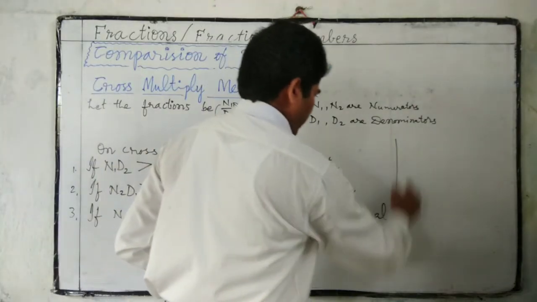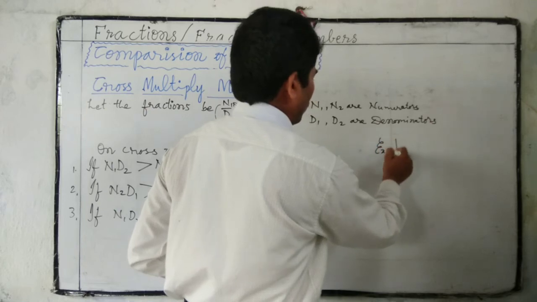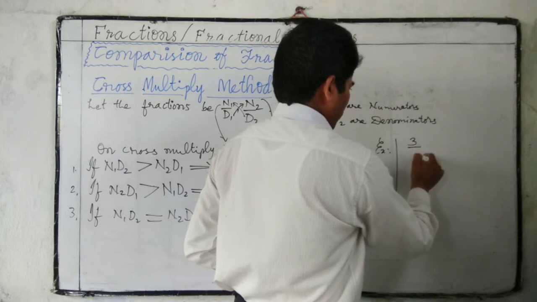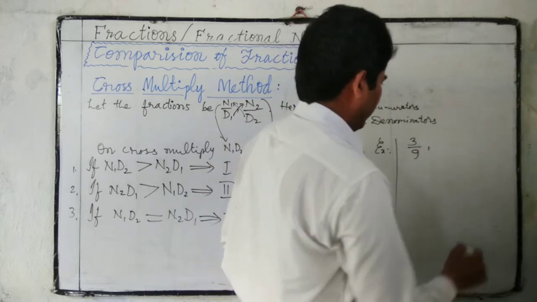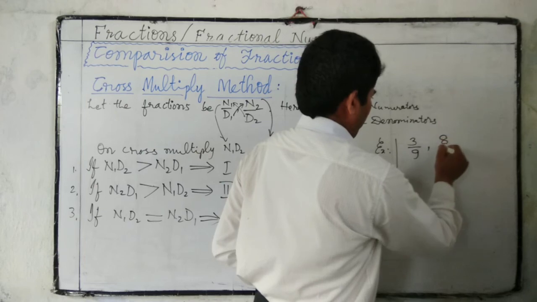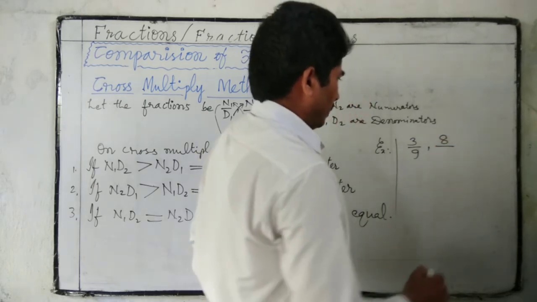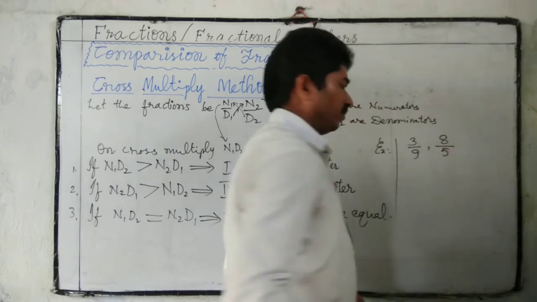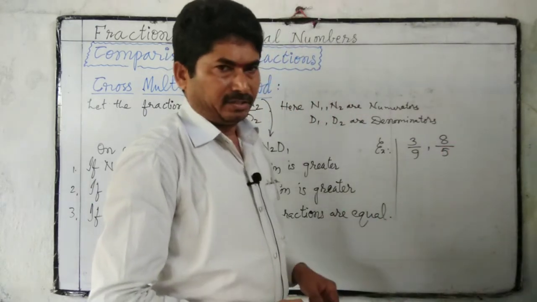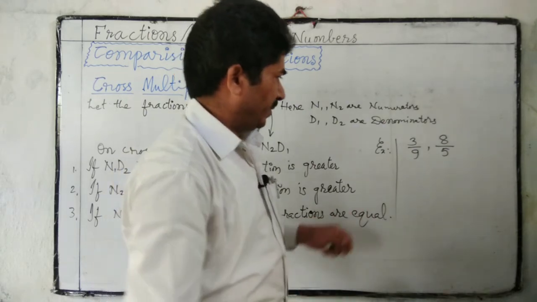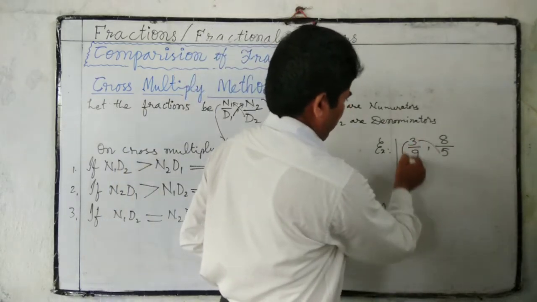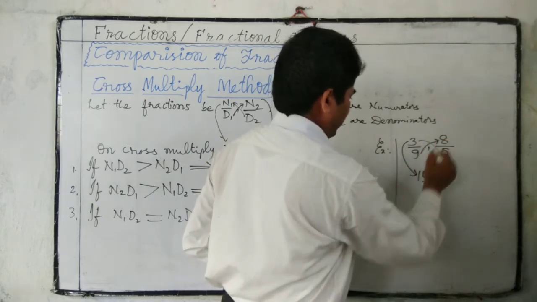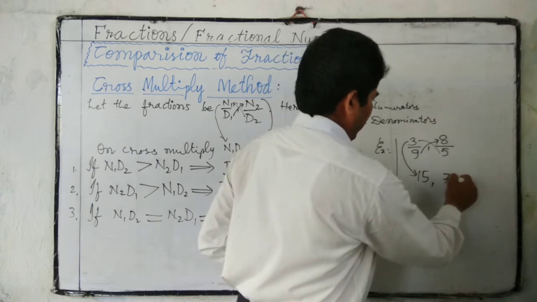Let us say one example here. 3 by 9, 8 by 5. Which is the greatest or which is the smallest? To compare this, we have to multiply. 5 3s are 15, 9 8s are 72.